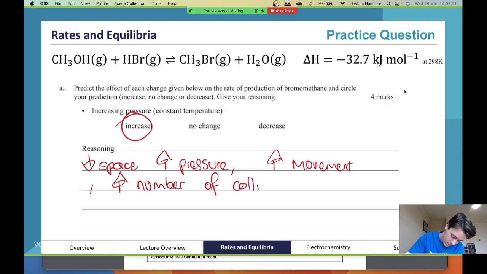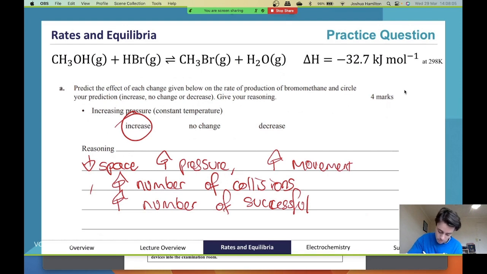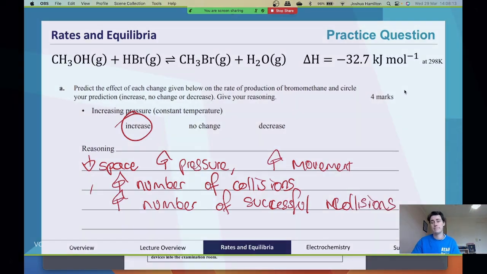And with that increased number of collisions, you get an increased number of successful collisions. So I very much shorthanded these because I don't want to go through them in super detail and take up all your time. But that is essentially how you go through a question like that.